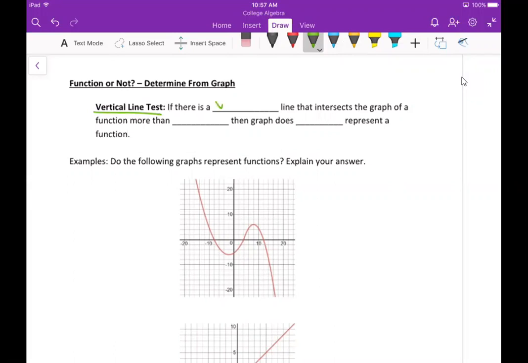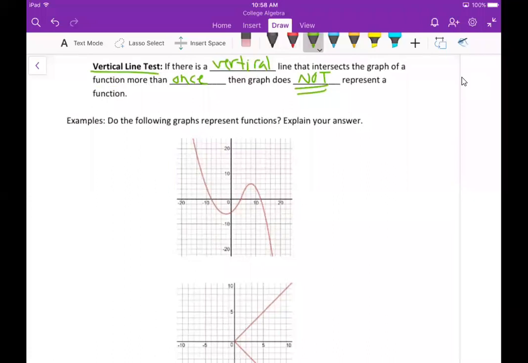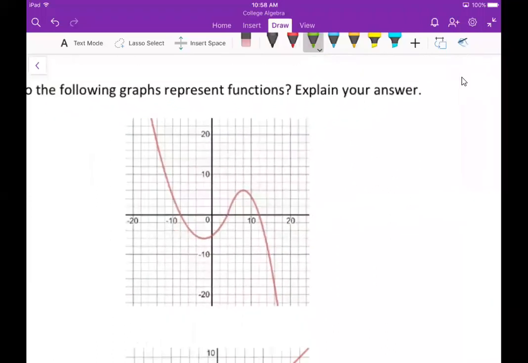If there is a vertical line that intersects the graph of a function more than once, then the graph does not represent a function, and you failed the vertical line test. So I want to talk about what this means. Here I've got the graph, a relationship between two variables.